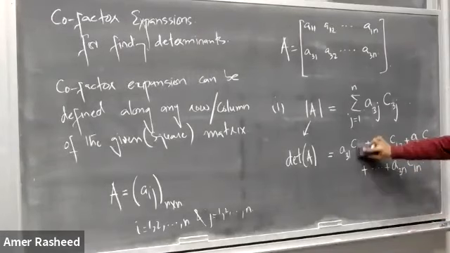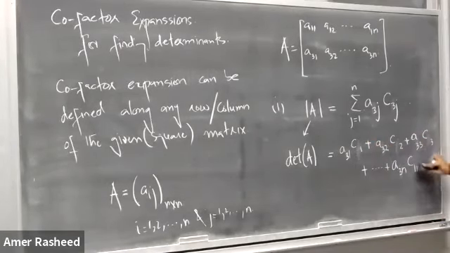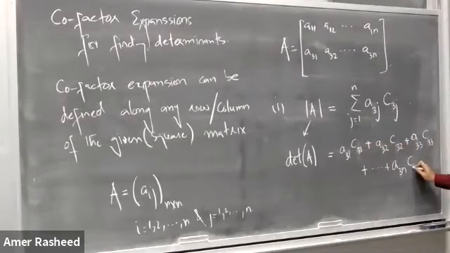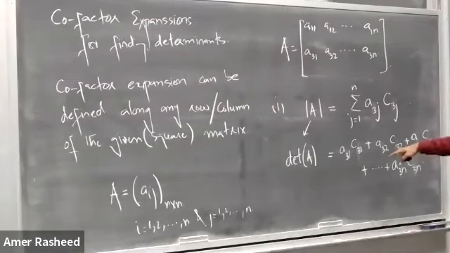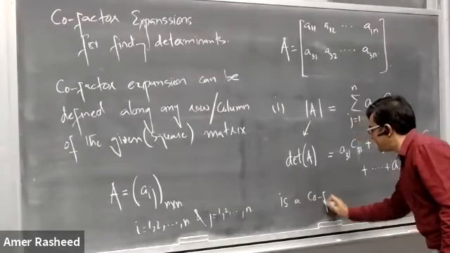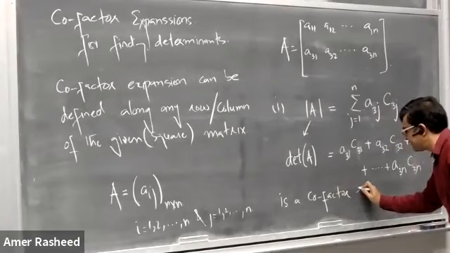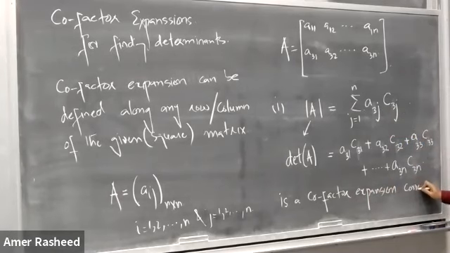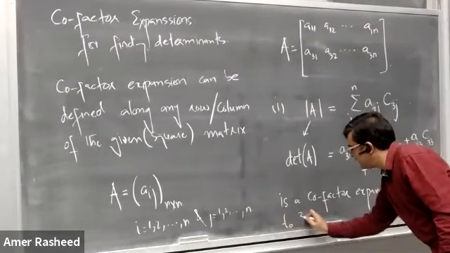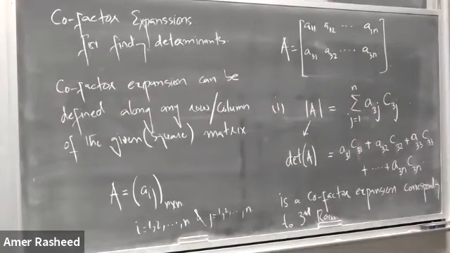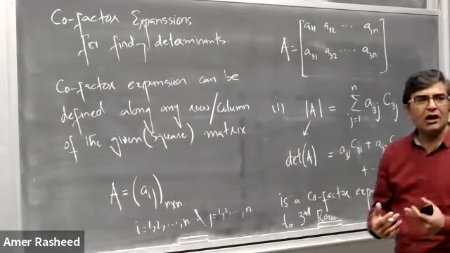The cofactors will also change: C31, C32, C33, and so on, C3n. So this is the cofactor expansion corresponding to the third row. Similarly, we can find cofactor expansion along any row.